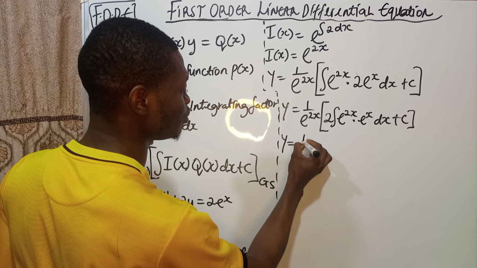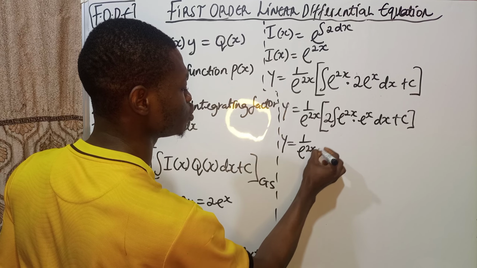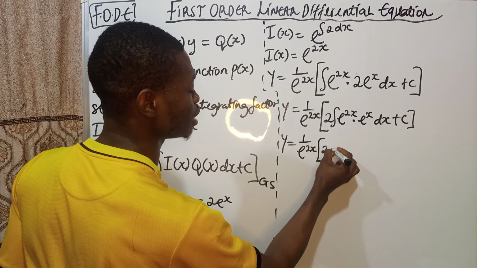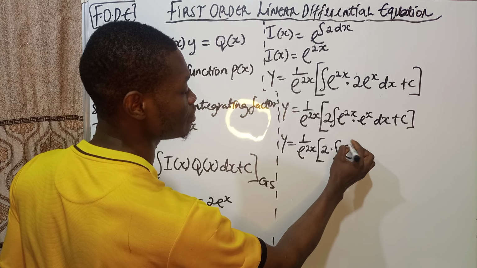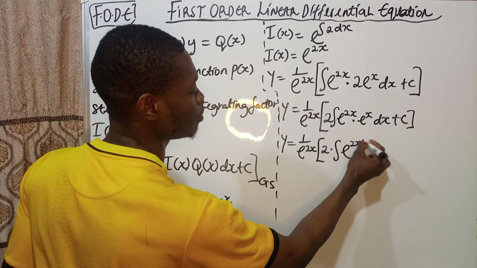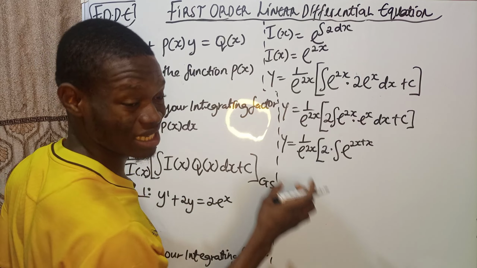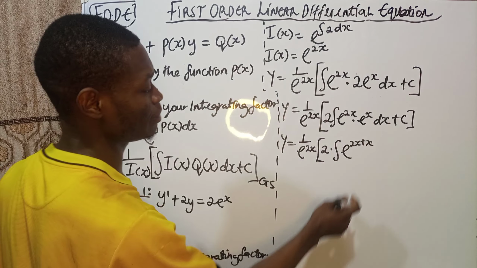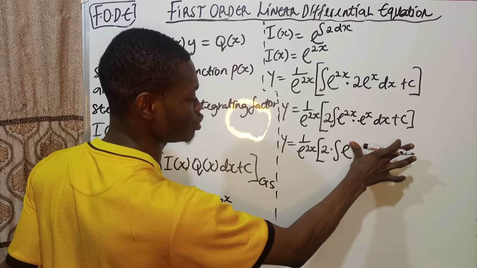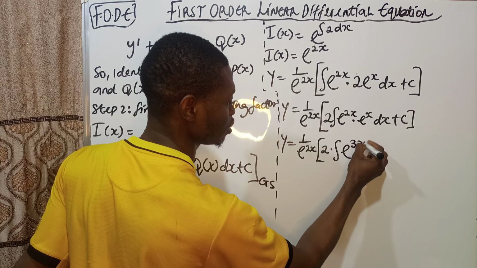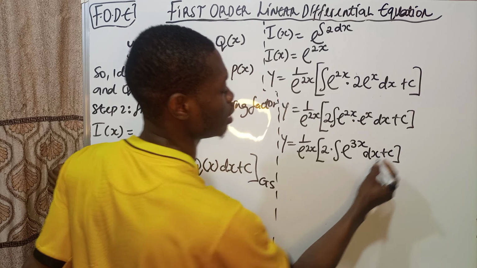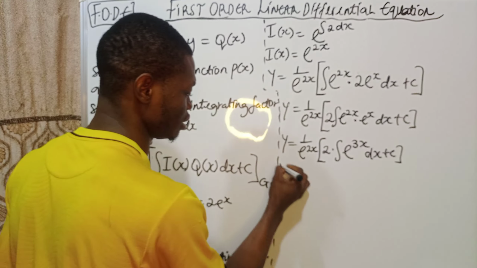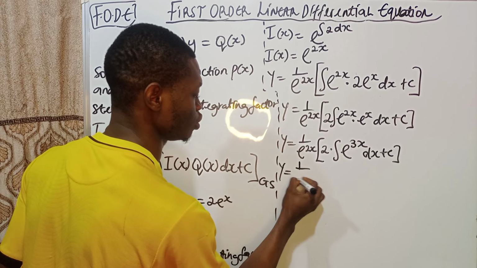So our y will now be 1 over e raised to the power of 2x, then 2 times the integral of e raised to the power of 2x plus x. Using indices, the bases are the same, you add their powers. So it will now be 3x dx plus c. I'm still putting the dx because we have not integrated.